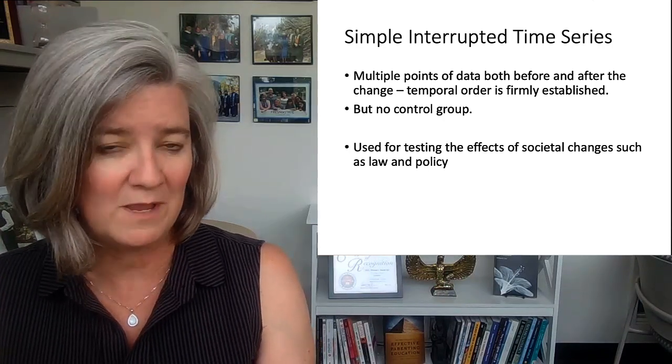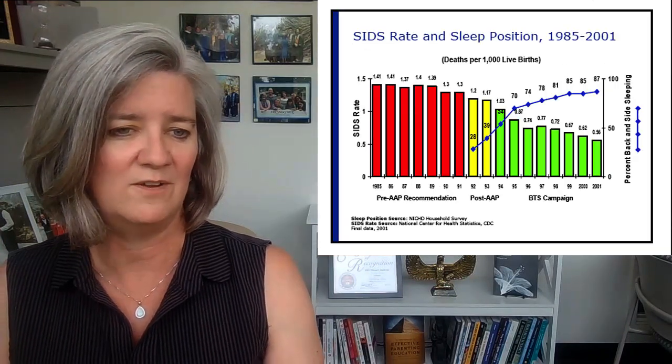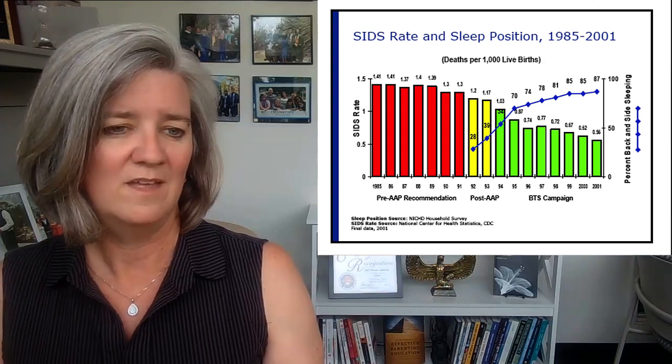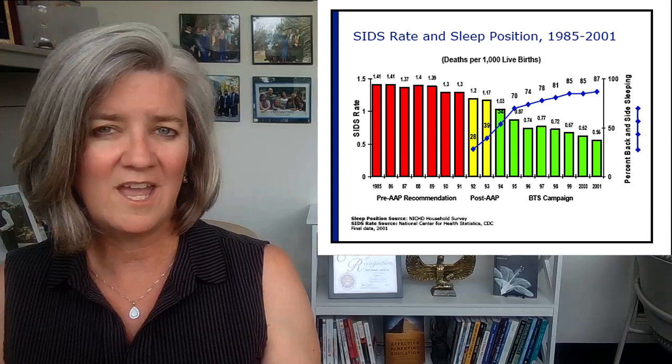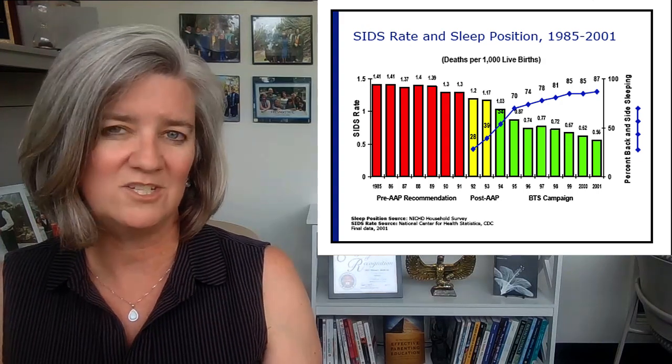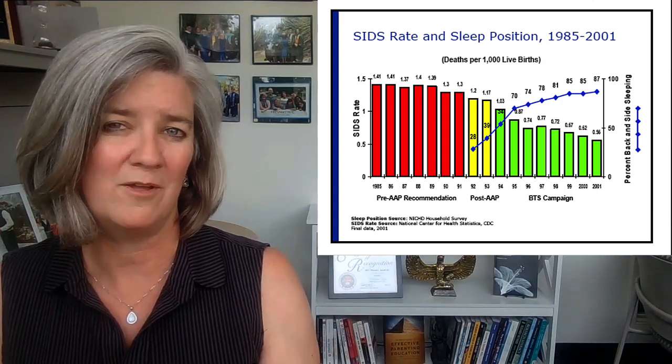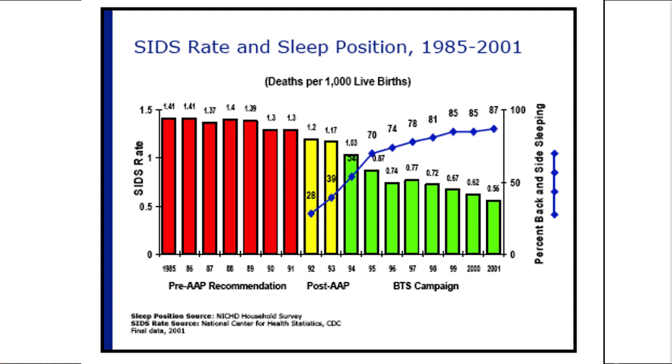I'll show you a famous example here related to HDFS: the potential impact of the American Academy of Pediatrics recommendation that babies should be placed to sleep on their back. Does that have an impact on the SIDS rate? You can see the red bars there prior to the AAP recommendation.